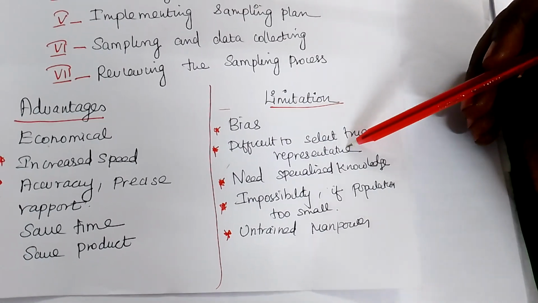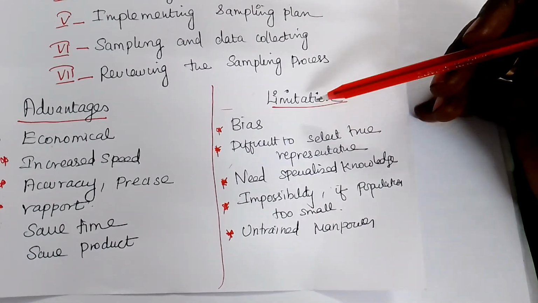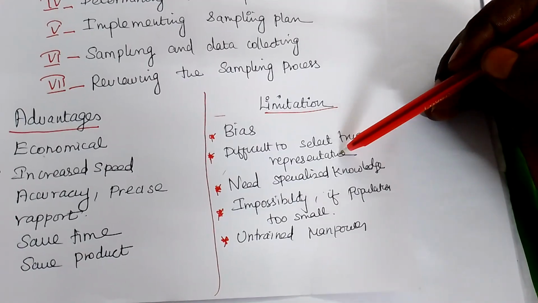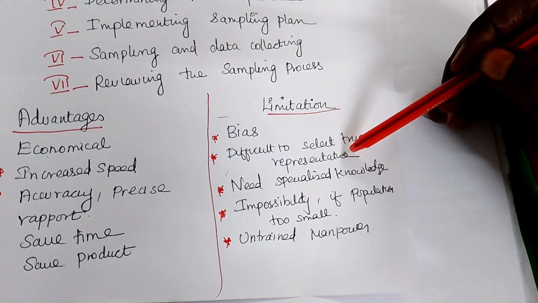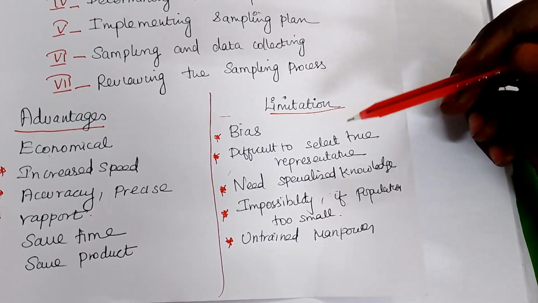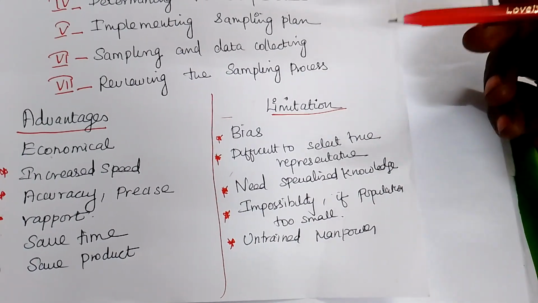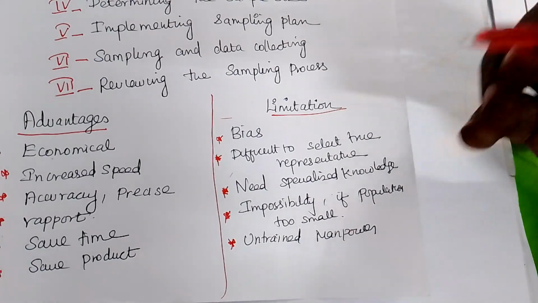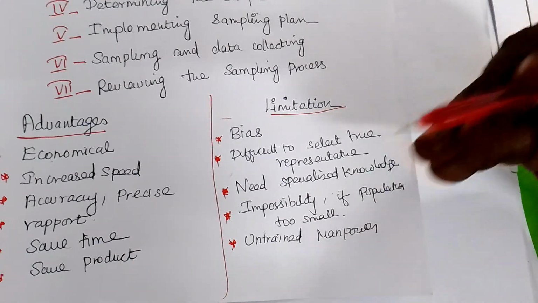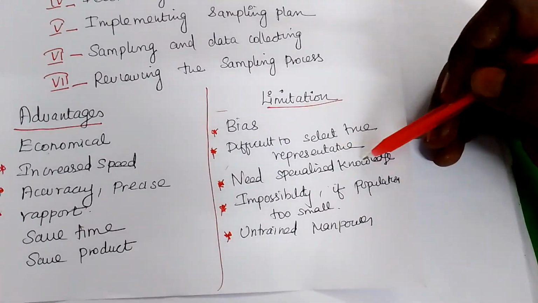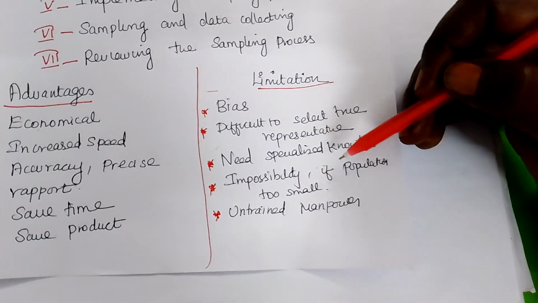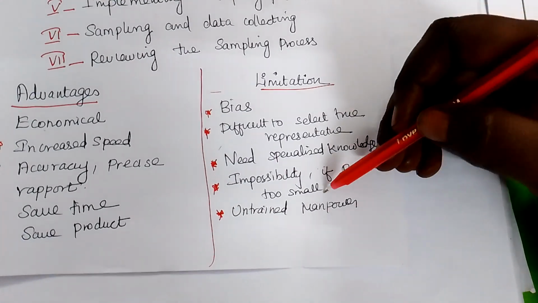It is difficult to select true representatives, isn't it? Sometimes, as I told you in the beginning of the class, when many samples are being collected, one researcher cannot collect them; people will need to be trained and need specialized knowledge. It is also impossible if the population is too small.